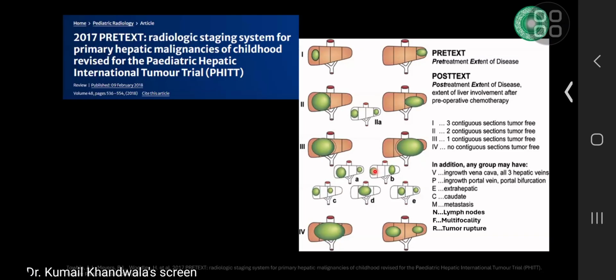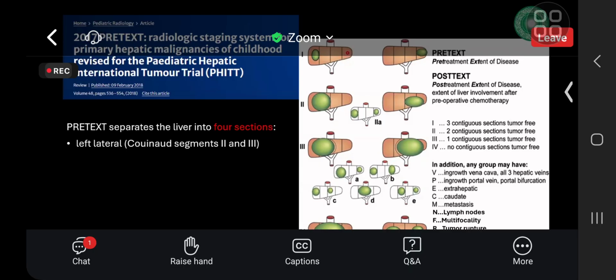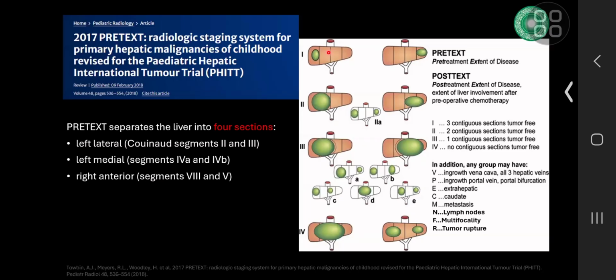The left lateral section is segment 2 above and segment 3 below. The left medial section is segment 4A above and segment 4B below. The right anterior section is segment 8 above and segment 5 below. And the right posterior section is segment 7 above and segment 6 below.